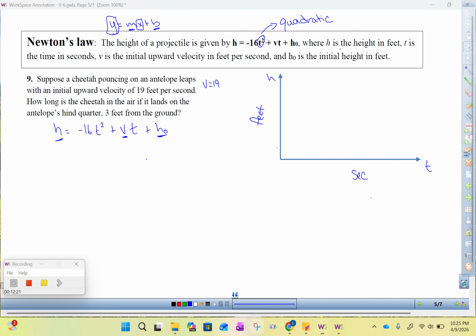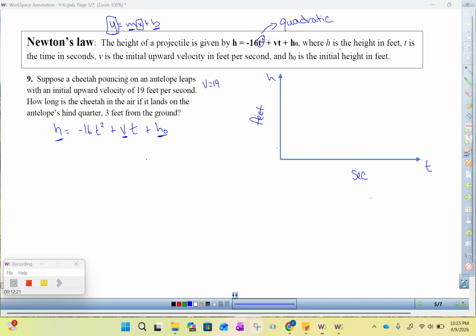Because this is where it lands, this is the end height, and the end height is 3 feet off the ground. Then the only thing we're missing is the start height.